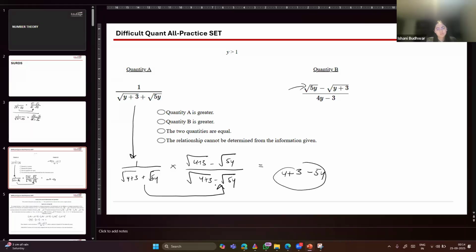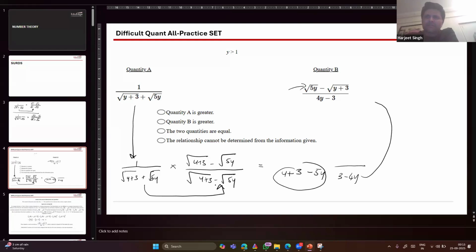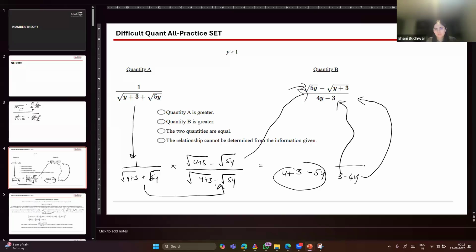If I look at this, it's 3 minus 4y. And here also the terms are flipped. So what if I rewrite this by multiplying numerator and denominator by minus 1? Don't I get this back? So answer is C.